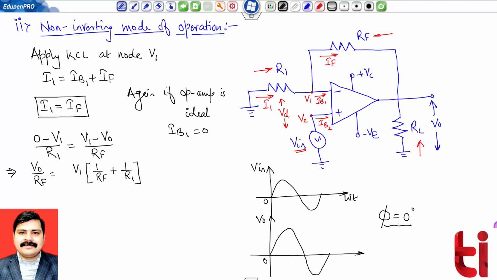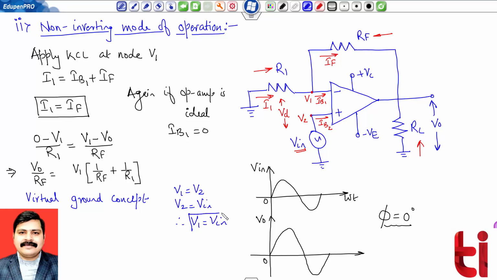Now again we have to use the virtual ground concept, that is, the two terminal voltages should be equal, V1 equals V2, but here V2 equals Vin, so voltage V1 will be equal to Vin.